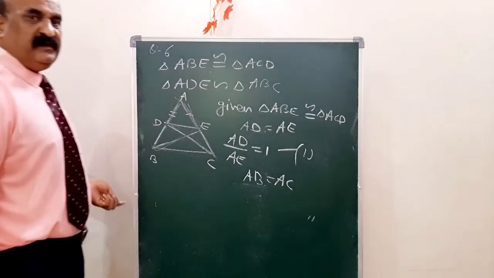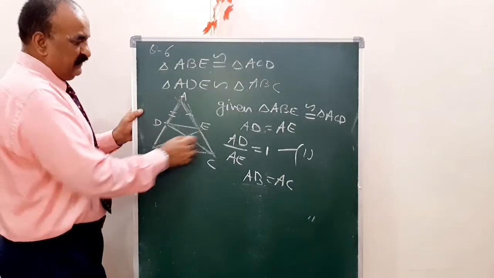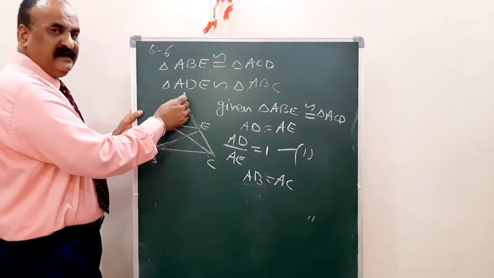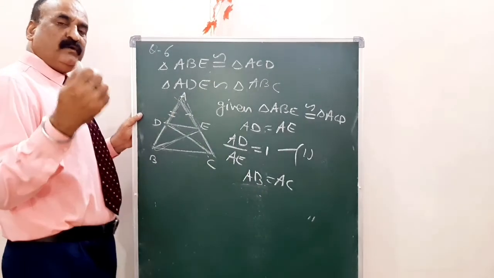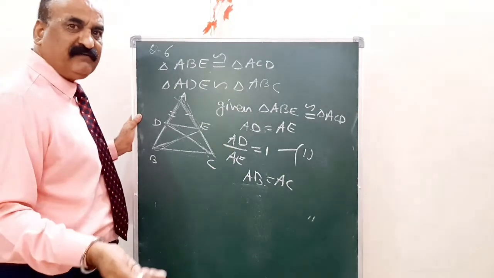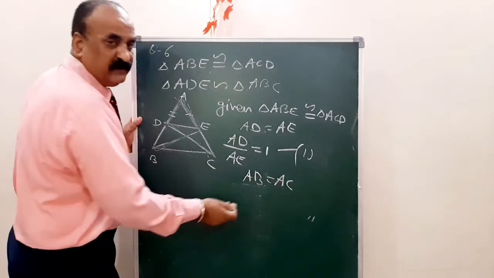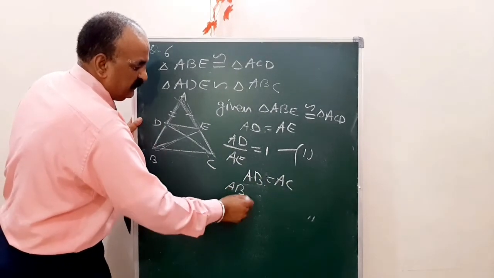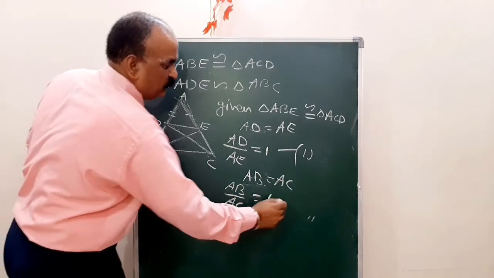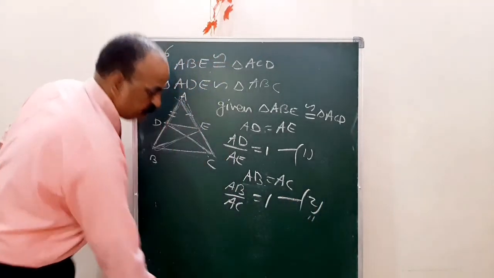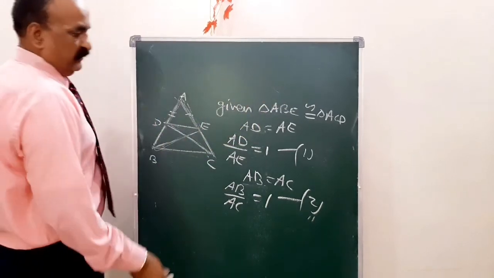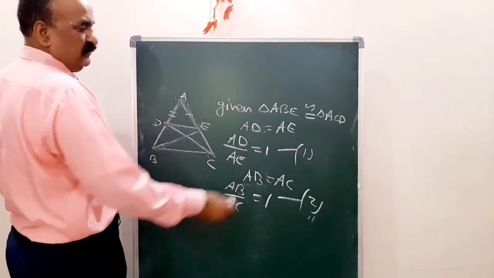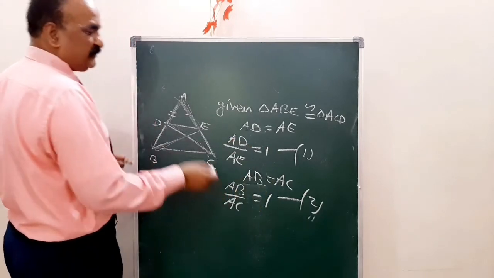It means AB and AC are also equal, because if two triangles are congruent, then all parts are equal. So AB upon AC is equal to 1. Give this number 2. So this is 1, and this is also 1, so both are equal to each other.